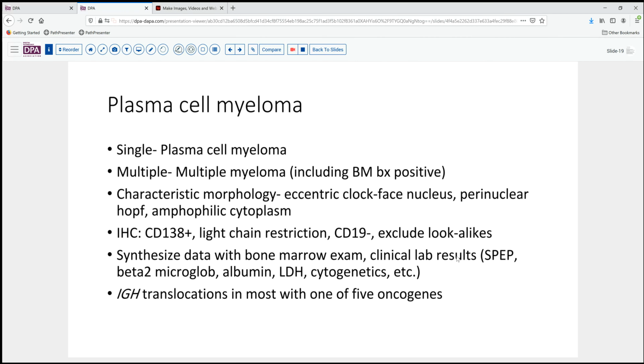So identifying a potential tumor marker in the blood using serum protein or urine protein electrophoresis, and then staging data with beta-2 microglobulin, albumin levels, LDH, and potentially cytogenetic study to evaluate for various translocations or chromosomal abnormalities which may adversely affect the prognosis. Interestingly, the IGH translocations are quite common in this disorder, usually restricted to one of several different oncogenes in the marrow.